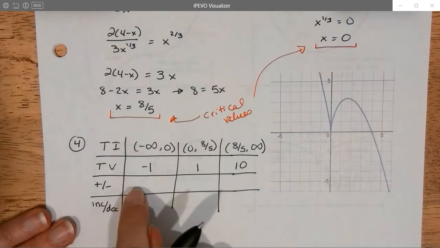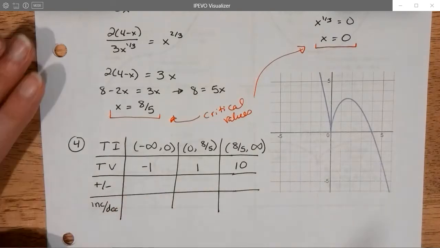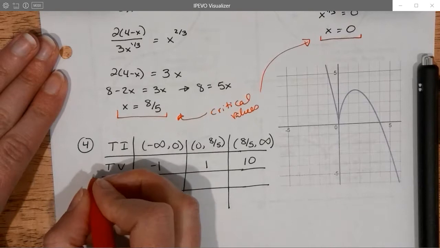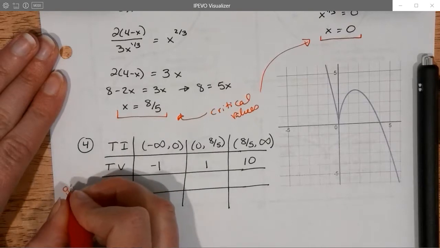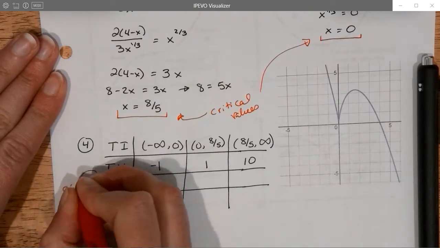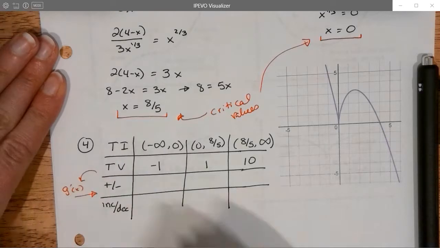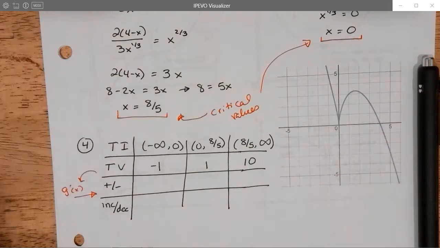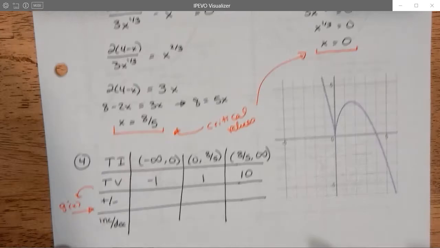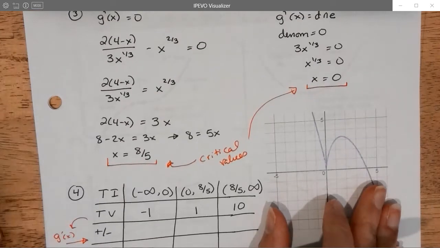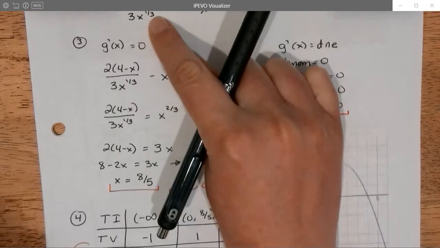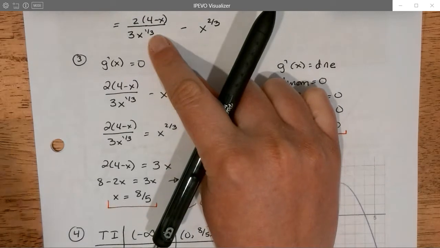Now I want to plug those into the derivative. Remember that I'm taking these test values and plugging them into the derivative. Test values into the derivative to find the sign, not into the original function here, into the derivative. Okay. So our derivative up here, there it is, plug in -1.